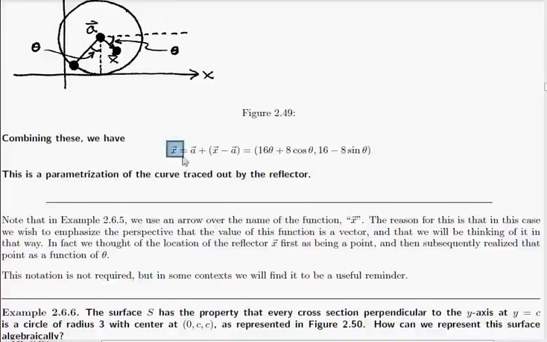So here's position as a function of theta. The same kind of thing happens here. Notice that x is an increasing function of theta, so I can solve for theta in terms of x. Let me write this down.